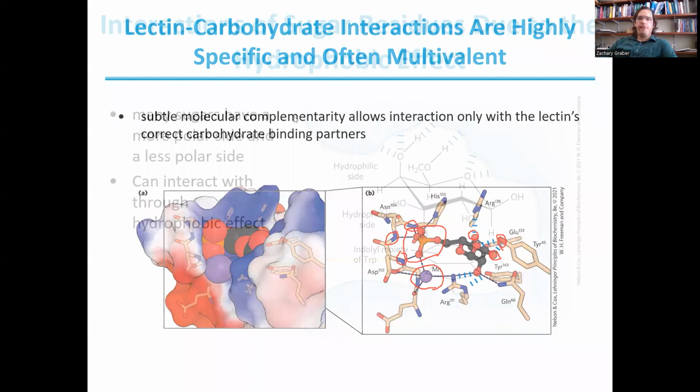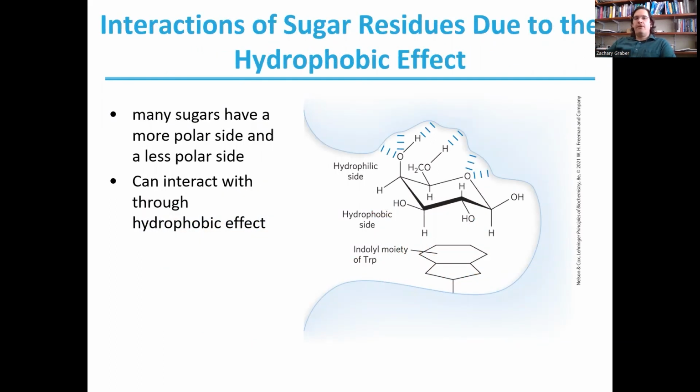We can actually also use the hydrophobic effect here to help strengthen these interactions. Many of our sugars will tend to have one side that's more polar and another side that's less polar. If you look at our sugar here, you see a lot of our alcohols are pointing up, including the carboxylic acid here for this oxidized sugar.